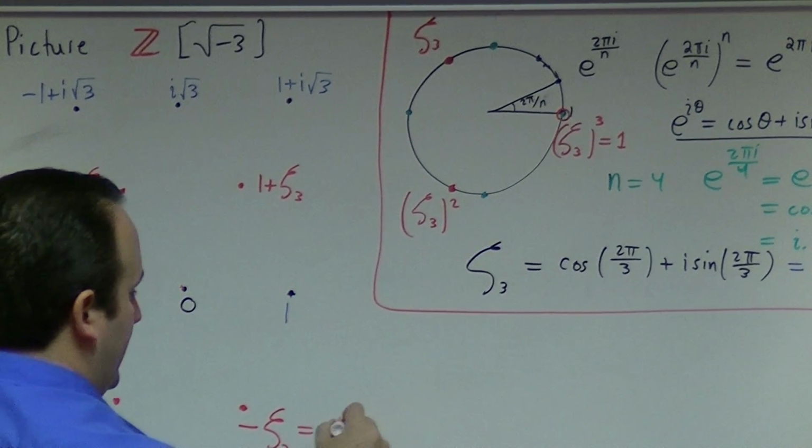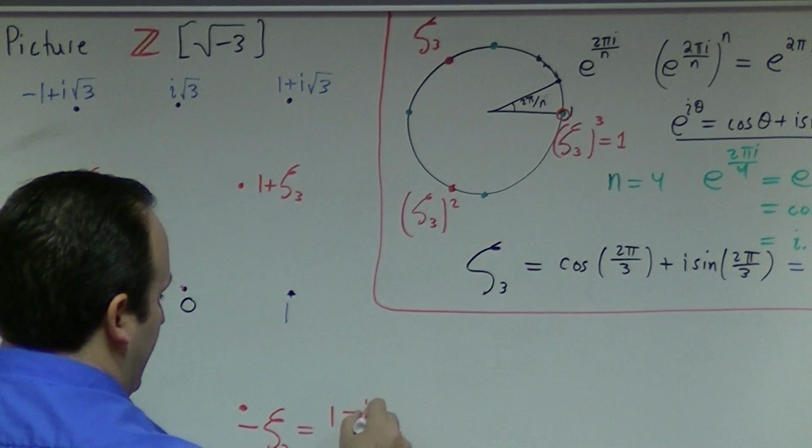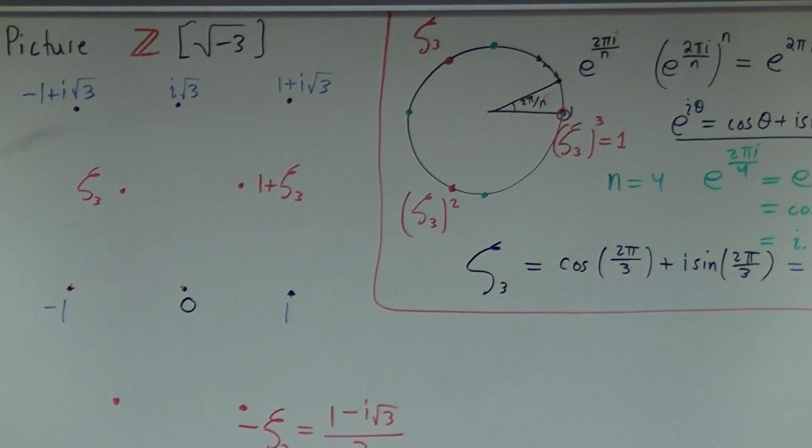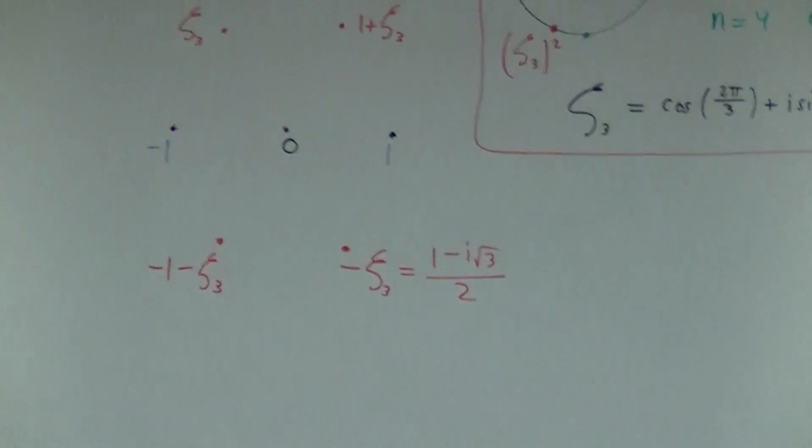To be more specific, it's 1 minus i square root of 3 over 2. That's the actual value of that point. It's just convenient to use this C3 to have less writing. Now this would be minus 1 minus C3. Oh, my symbol is degenerating. At some point I'll learn how to write that thing fast.